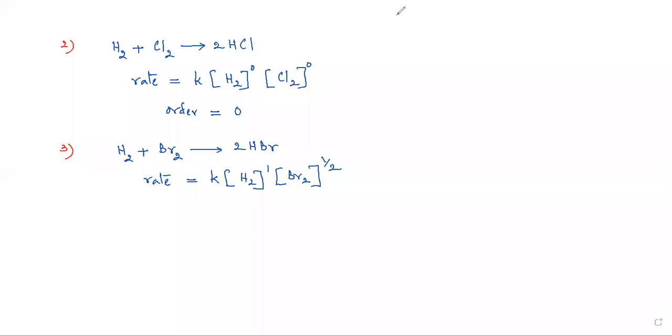But how? We'll tell you. Here the order of the reaction is 3 by 2, the sum of the powers, 1 plus half. Order with respect to hydrogen is 1, and that with respect to bromine is half. But how?